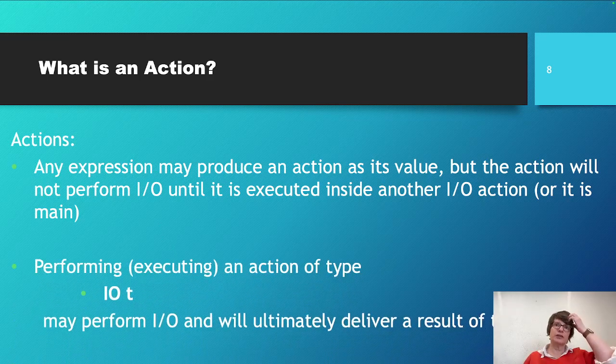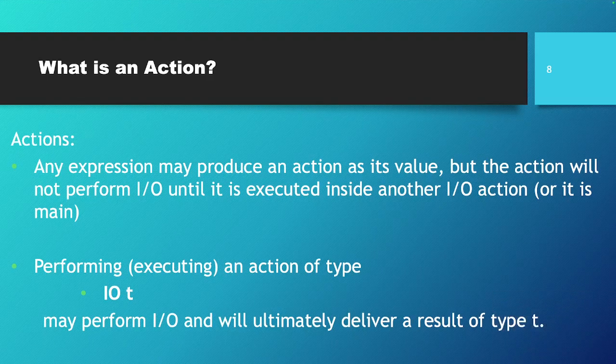Performing or executing an action of type IO T doesn't necessarily mean that it has to perform the I/O, but it does have to deliver the result of type T. So I/O is saying we're leaving this open for speaking to the outside world, because, for instance, you could have a conditional or anything like that.